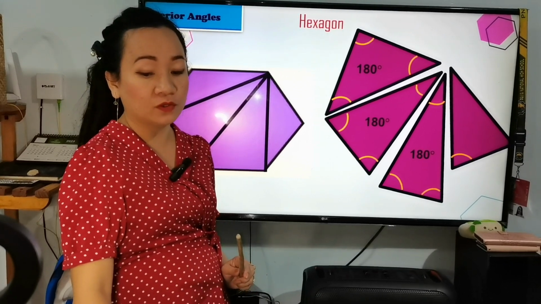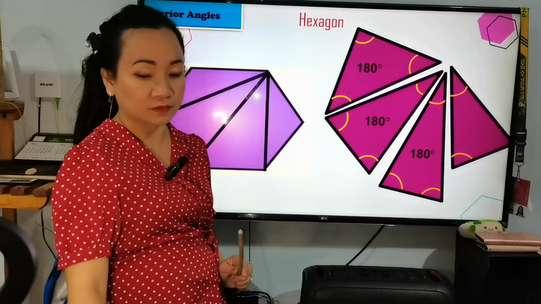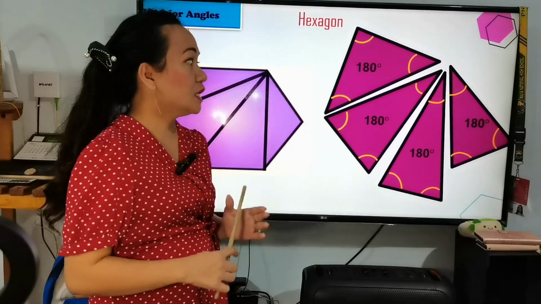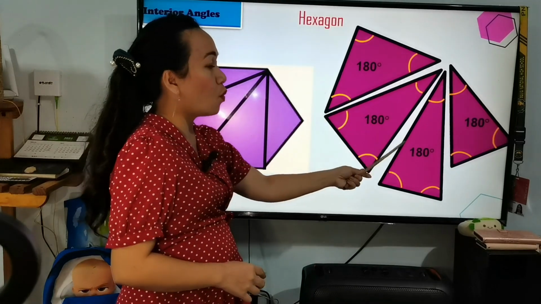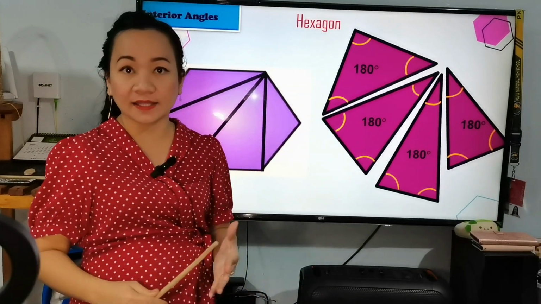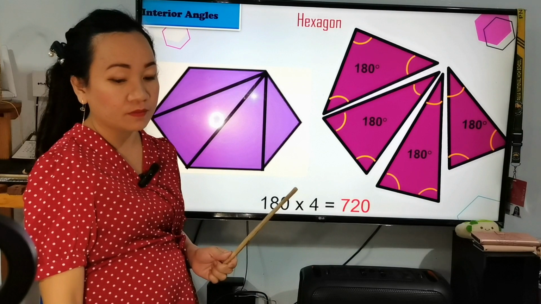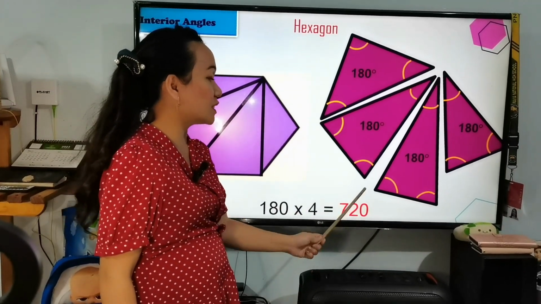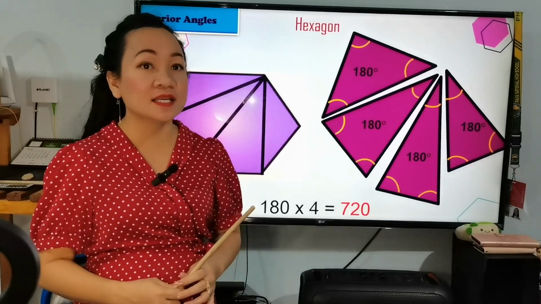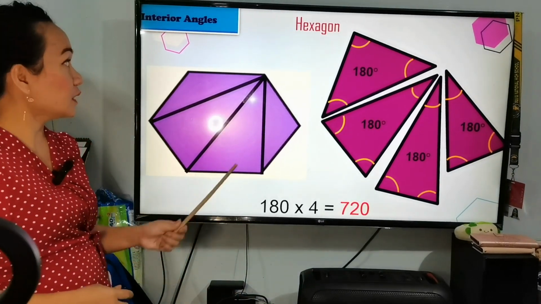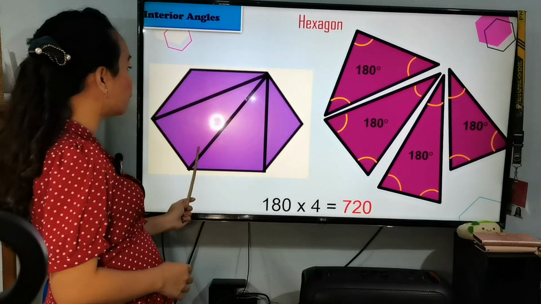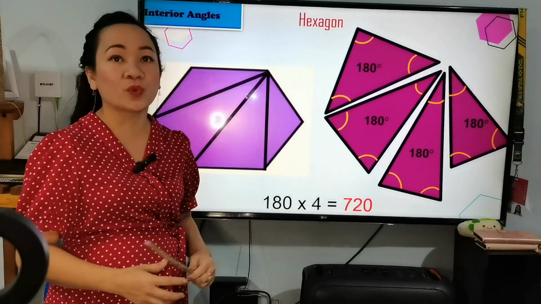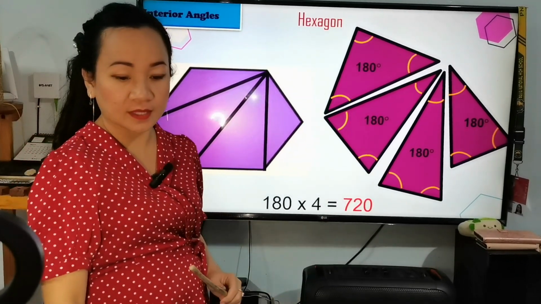Lastly, the sum of the interior angles of the last triangle is 180 degrees. Meaning to say, we add four 180s. So we can also say that 180 times 4 gives us 720 degrees. Meaning to say, the sum of the measures of the interior angles of our hexagon is 720 degrees. Next.